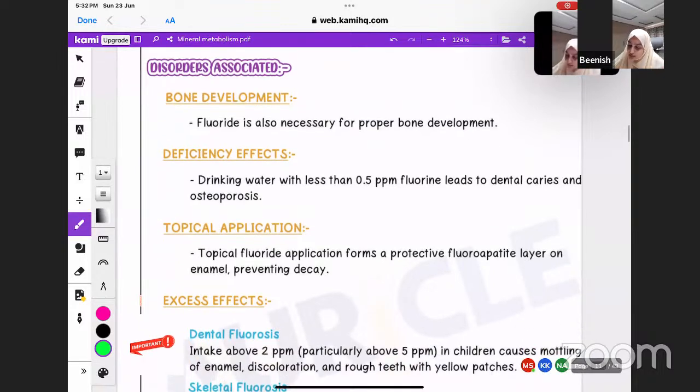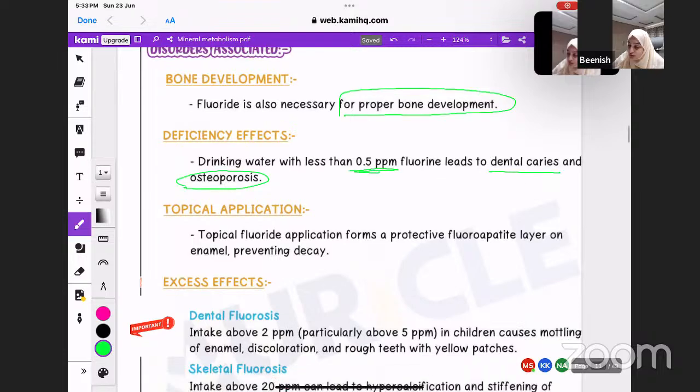Now talking about the disorders associated, bone development: fluoride is also necessary for bone development. So apart from preventing dental caries, fluoride is also involved in bone development. In case of deficiency, drinking water has less than 0.5 ppm, that is parts per million, fluoride.